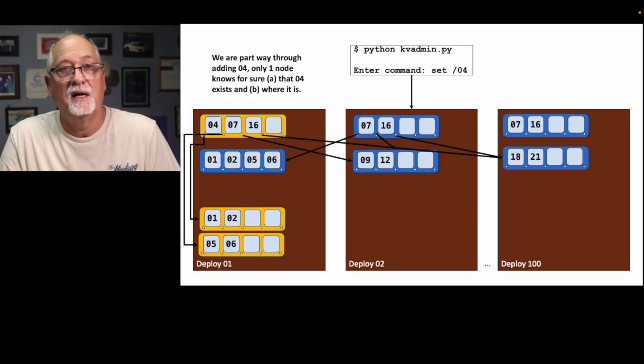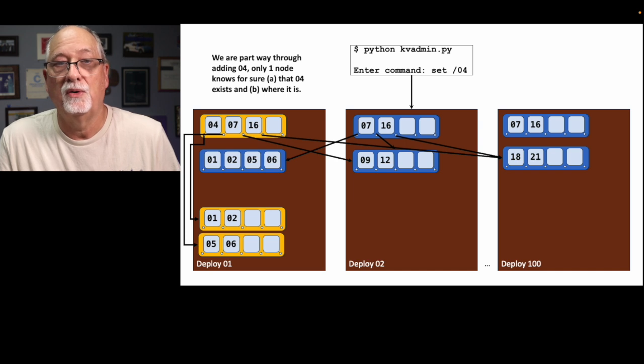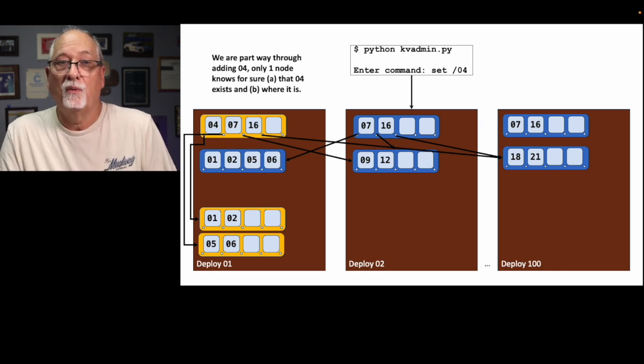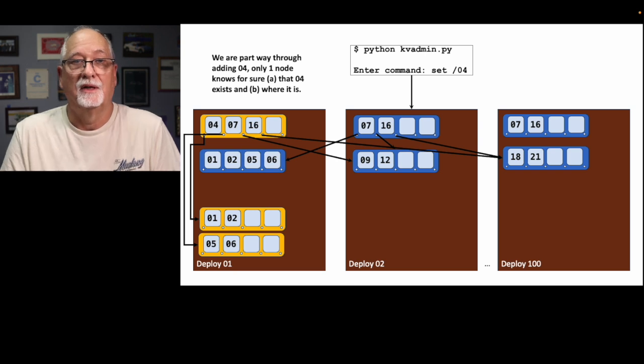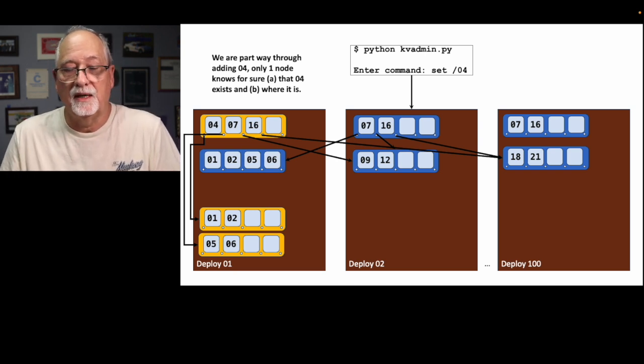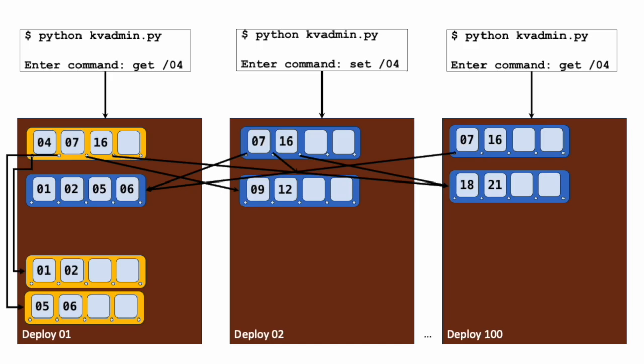At this moment in time, the other servers don't know about it. So server 1 has correctly inserted record 4, but the others don't know about it. The problem is while server 2 is in the middle of a set, server 1 can do a get of 4 and it gets the right answer.